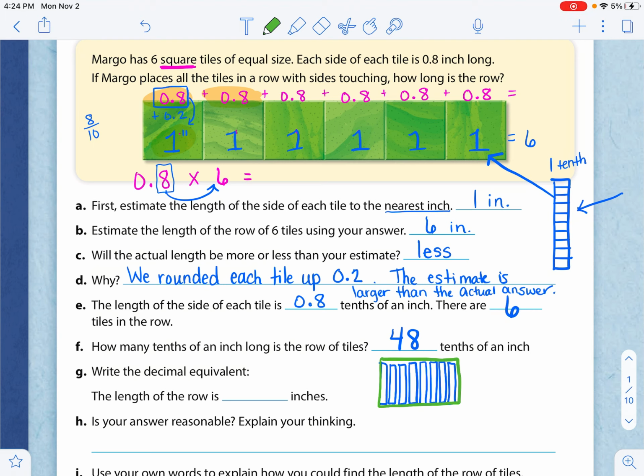But what happens when I go on to the next tile and I put in just 2 more? How many of those tenths rods do I have now? I have 10 tenths. And what does 10 tenths make? 10 tenths makes 1 whole.